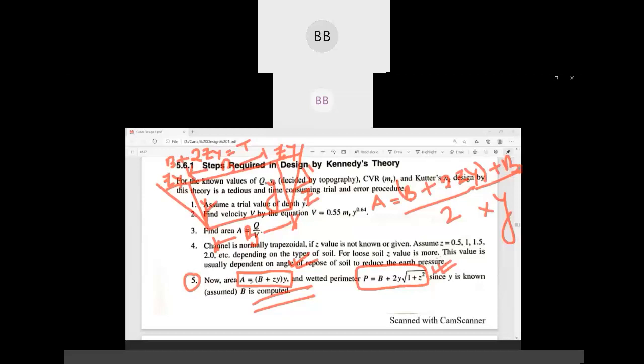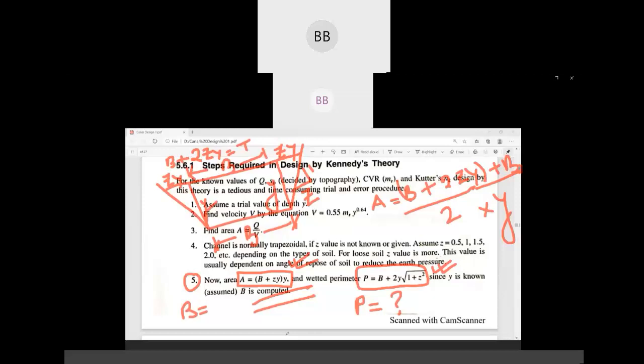So from this equation we can directly find out the b value. Once you have calculated the b value, you substitute it in the wetted perimeter equation and you can find out the p value also. So from the area equation you substitute all the parameters and find out the bottom width of the channel, capital B. Once you have calculated capital B, you substitute in the wetted perimeter equation and find out the wetted perimeter.